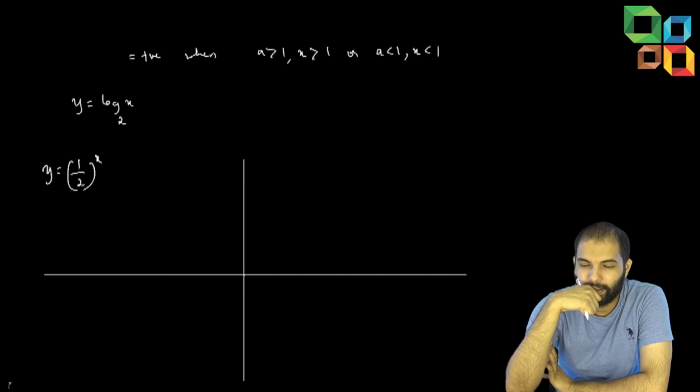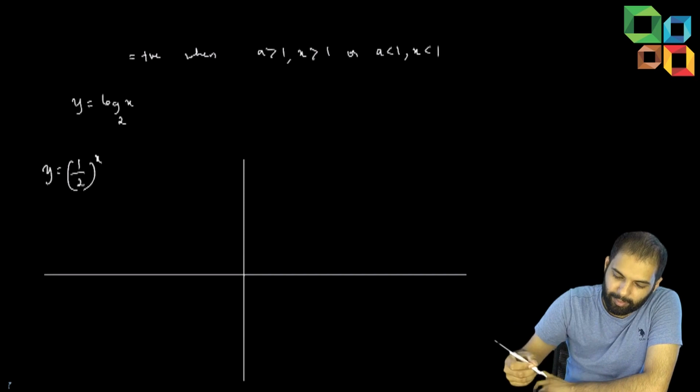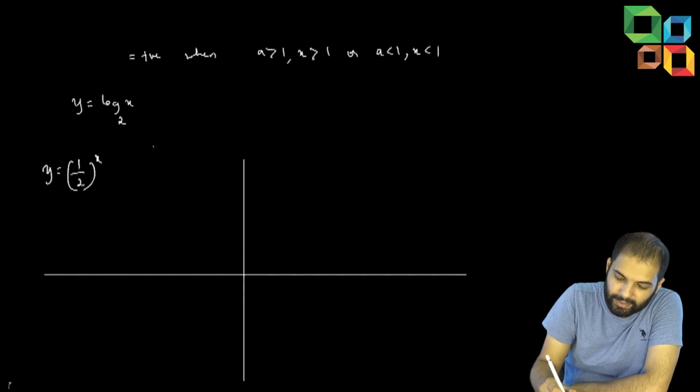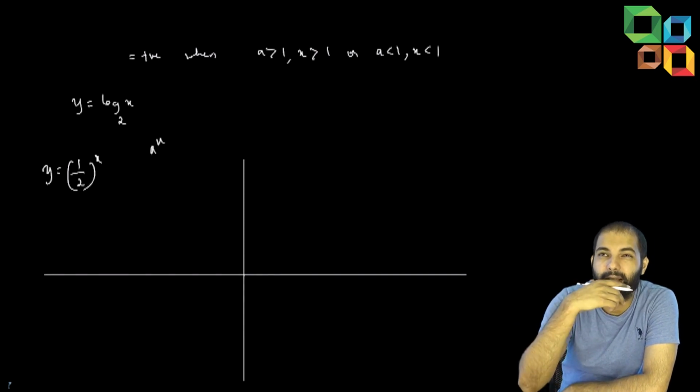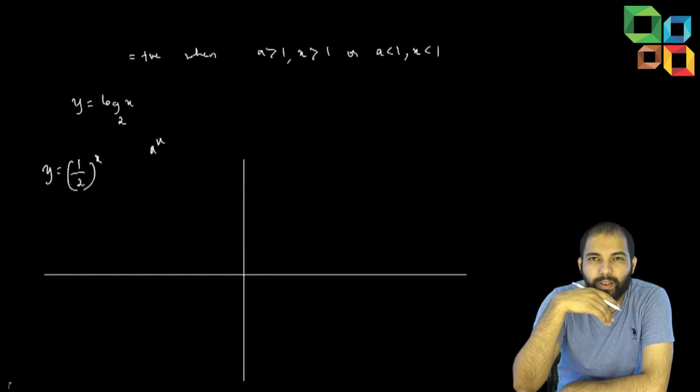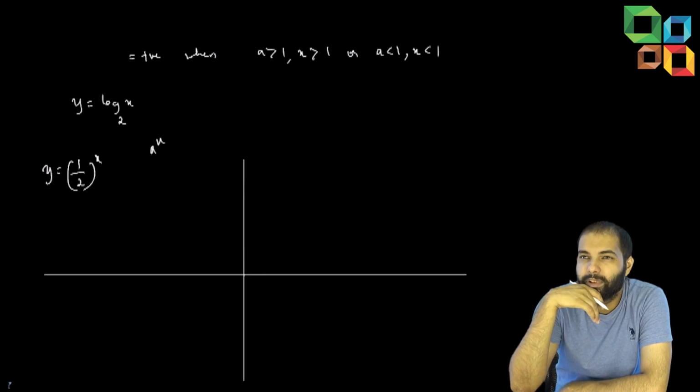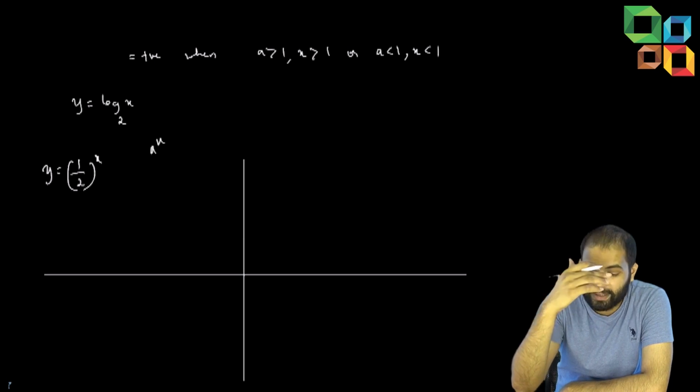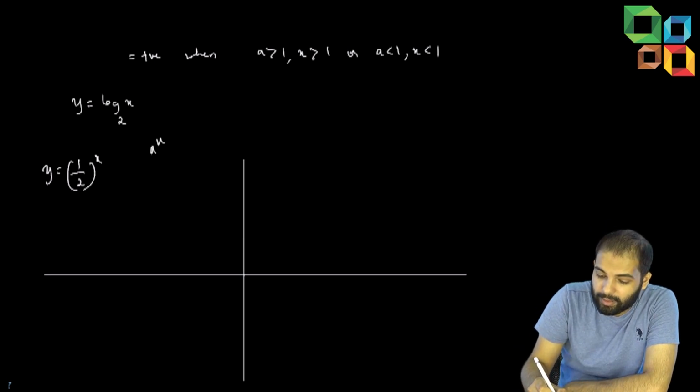Because even in logarithms, there are two main conditions. For exponents, we usually take a power x and just confuse ourselves by randomly taking a power x. There are two main parts of a power x. Actually, there are more parts if we consider negative numbers, but we're not considering them. So mainly a is a number either between 0 and 1, or a is greater than 1.